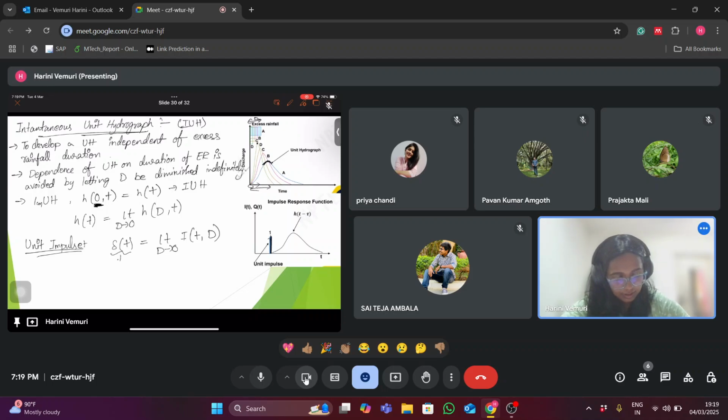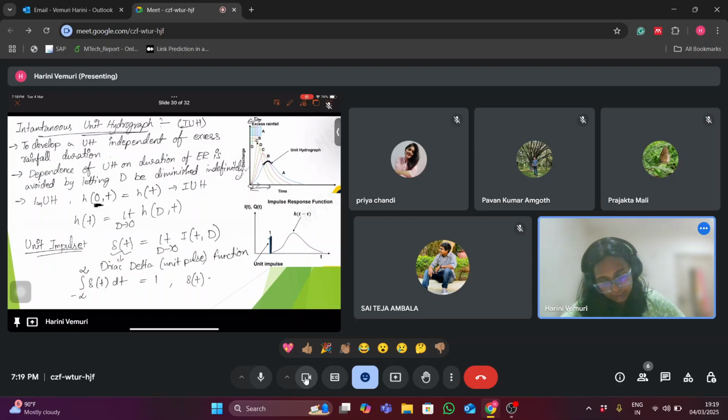This is the Dirac delta or unit pulse function. The main property of this is that the area under this unit pulse will always be equal to 1, from minus infinity to infinity, and delta t is equal to 0 for t not equal to 0. So this term is always 0 except at the point where the impulse is occurring.